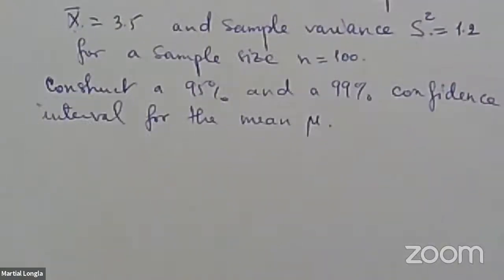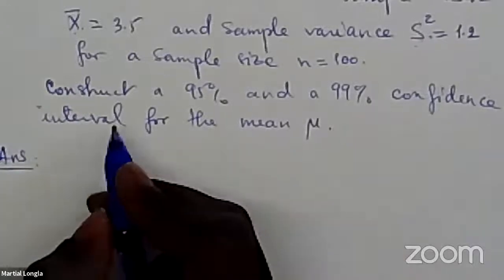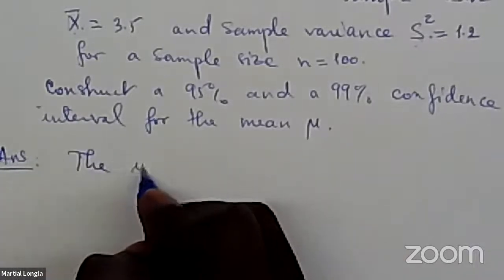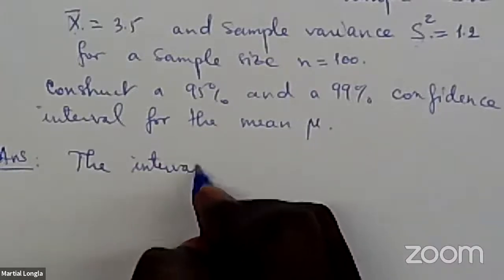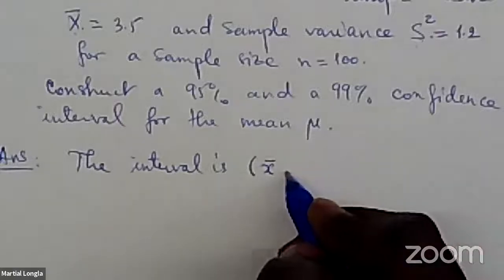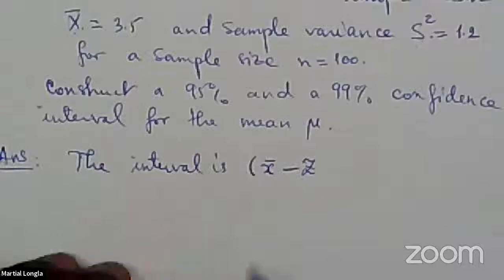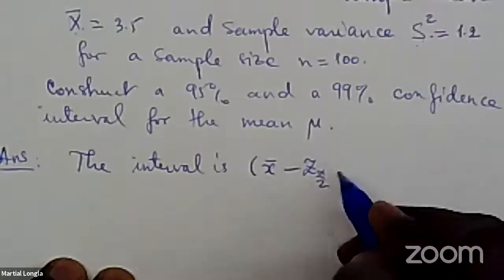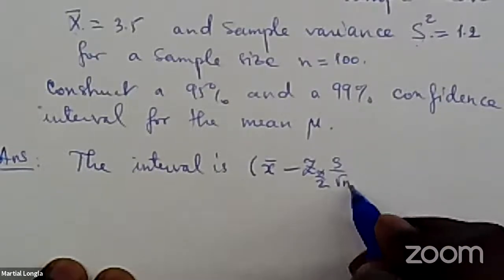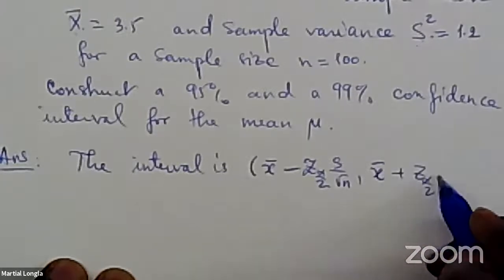The interval is x bar minus z alpha over 2 times s over root n, x bar plus z alpha over 2 times s over root n.